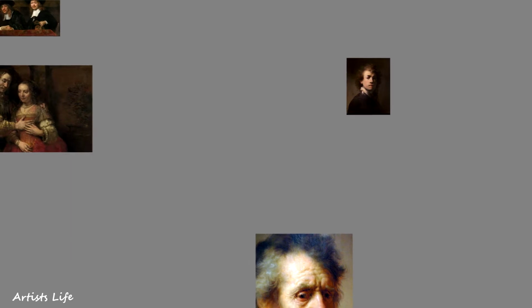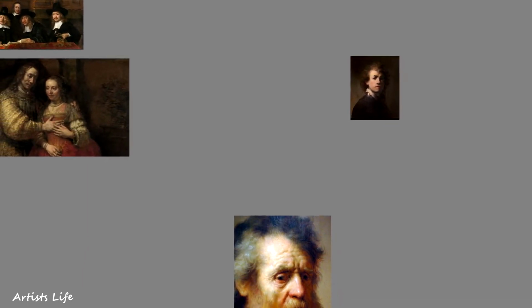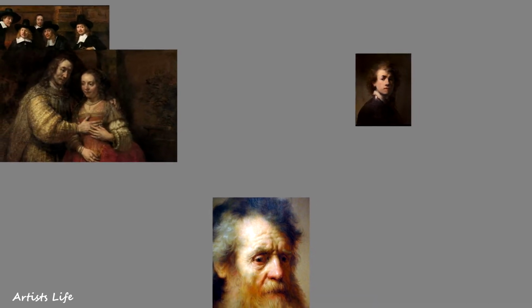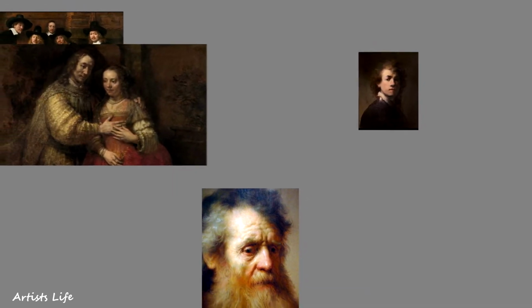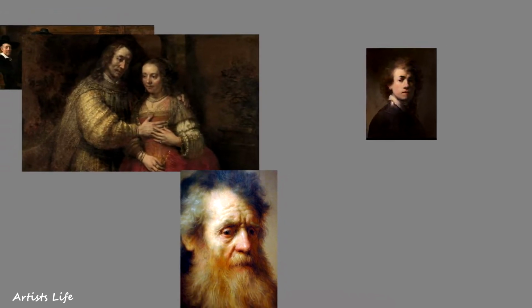Rembrandt van Rijn was a Dutch draftsman, painter, and printmaker, an innovative and prolific master in three media. He is generally considered one of the greatest visual artists in the history of art, and the most important in Dutch art history.